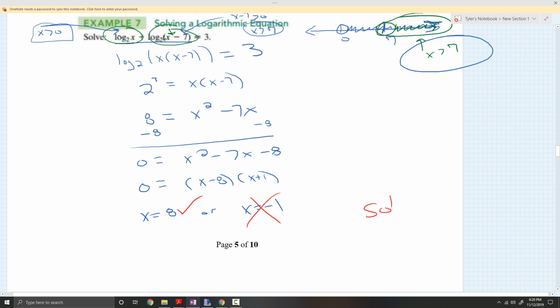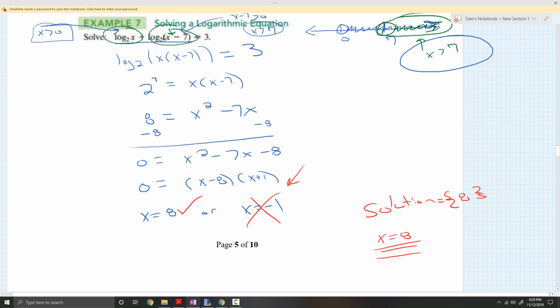So the solution set is just going to be 8. That's the possible x values. So x equals 8 is the only solution. Remember, this is called an extraneous solution.